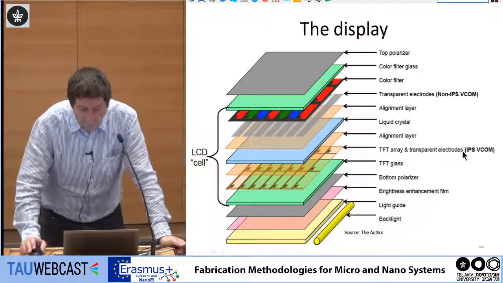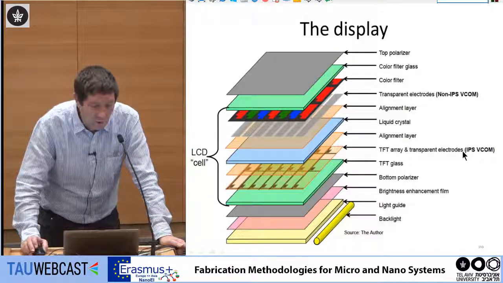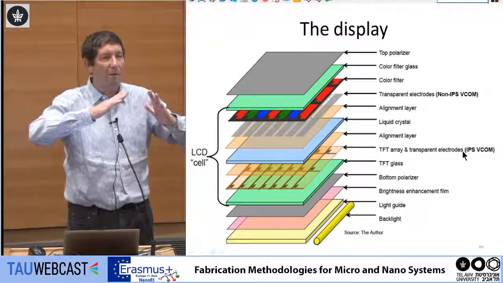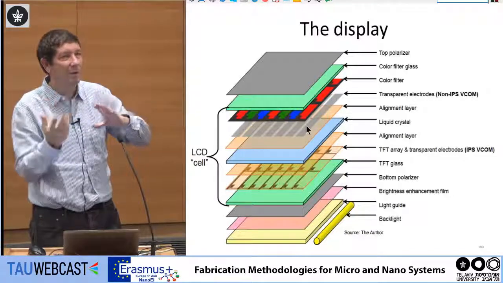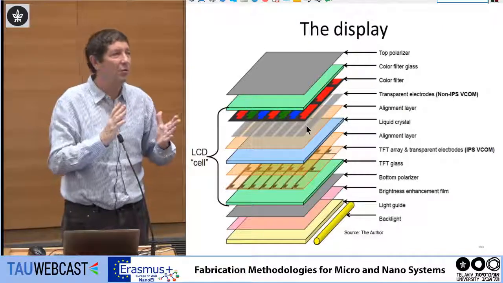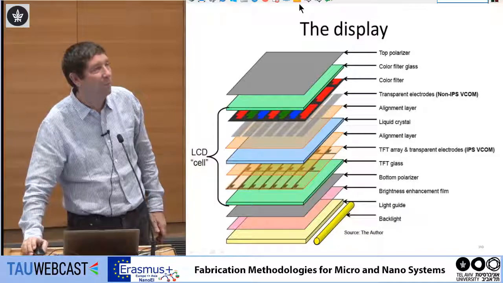And on top of it, in every square here, there's a transistor that, when you apply bias to it, you can switch this pixel, and you can let it either pass light or not pass light. So it can be dark or bright, and it gets the color based on the color filter on top of it.